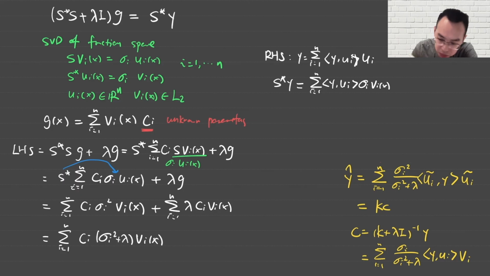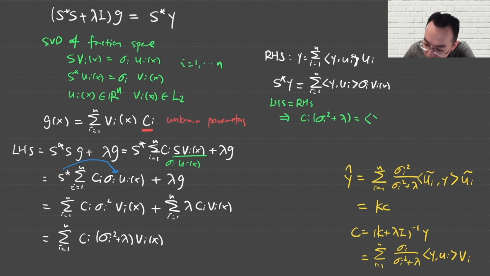We have the equation of left-hand side equals right-hand side, and that gives us ci times sigma i square plus lambda equals the inner product of y and ui times sigma i. So that means ci equals the dot product of y and ui times sigma i over sigma i square plus lambda.